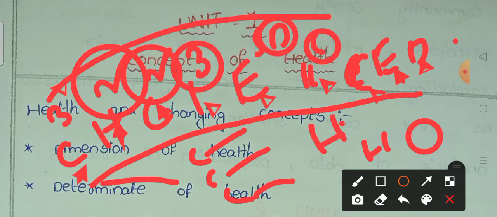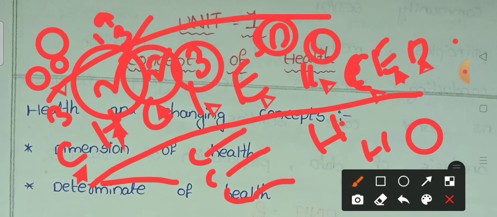Counting the subunits: 3 plus 2 is 5, 5 plus 2 is 7, 7 plus 3 is 10, 10 plus 2 is 12, 12 plus 1 is 13. So subunits are 13 and main units are 9. So 9 plus 13 gives the overall total units.